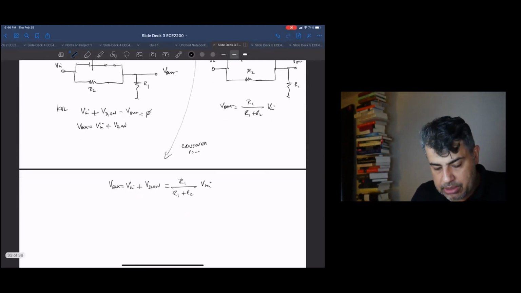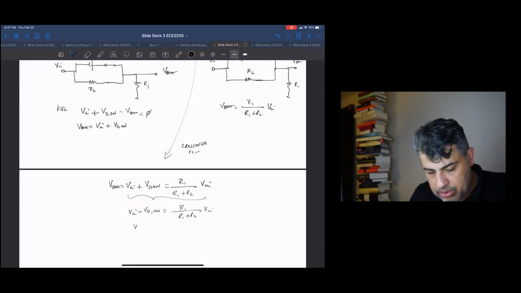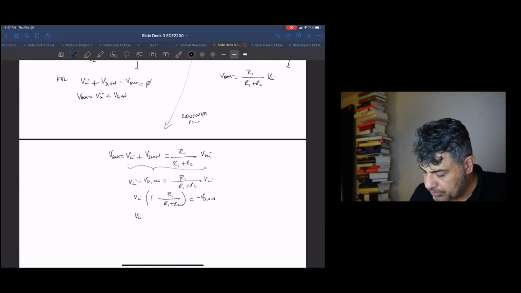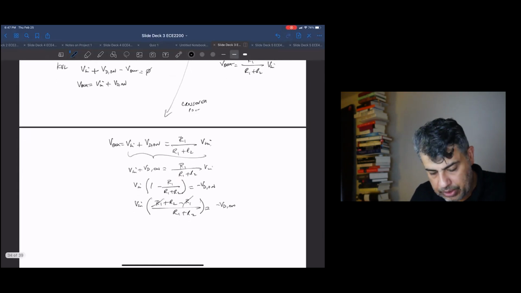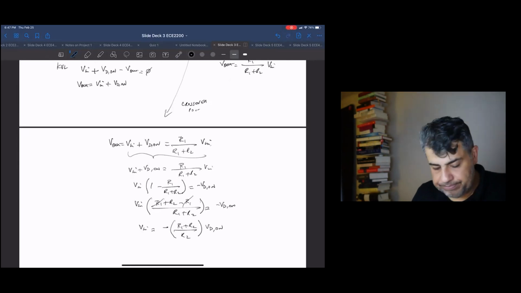Okay, so then the first thing is we can calculate V in. So we basically use that part of the equation. So V in plus Vd on is R1 over R1 plus R2 V in. So gathering V in's, 1 minus R1 over R1 plus R2 is minus Vd on, so V in is minus R1 plus R2 over R2 Vd on.